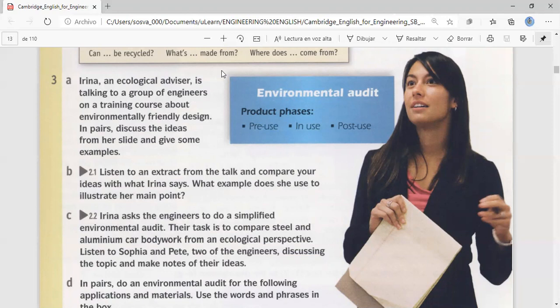Great. So you're going to listen to an extract from the talk between Irina and the training course, okay? Irina mentions that a product faces three phases: the pre-use, the in-use, and the post-use. I want you to listen carefully and compare your ideas with what Irina says.